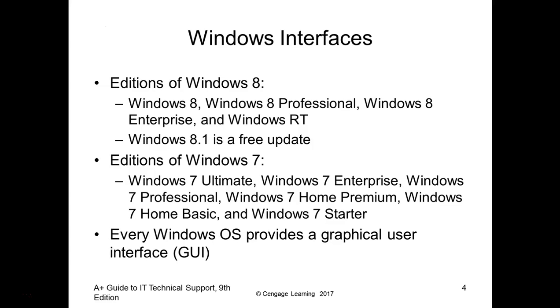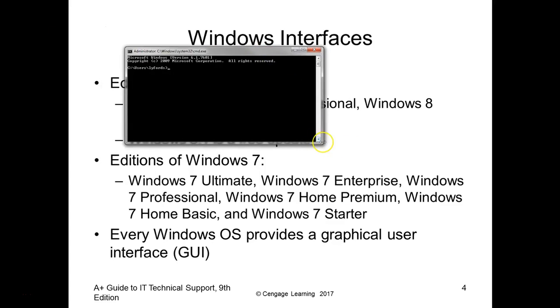Okay, so every Windows operating system provides what's known as a graphical user interface, and I kind of touched on this a second ago. Essentially, this means that you have the mouse to use and track items across the screen. You've got icons you can click on, that kind of stuff. The alternative is what's known as a command line interface, and that's where you have to essentially run commands through something like your command prompt.